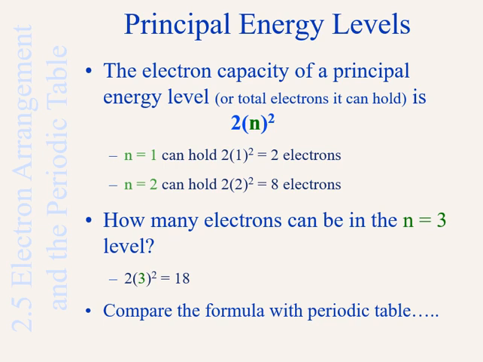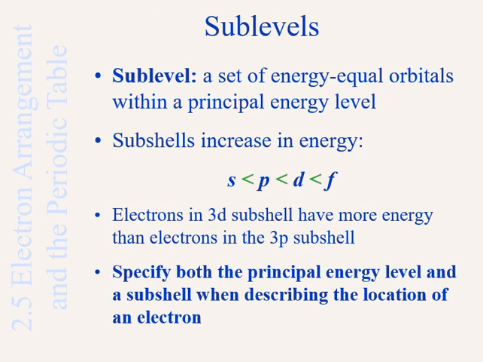So those are our principal energy levels, and like I said, each principal energy level has a certain number of sublevels. When we are in n equals 1, we have one sublevel, n equals 2 has 2, n equals 3 has 3 sublevels, n equals 4 has 4 sublevels. What were those sublevels?